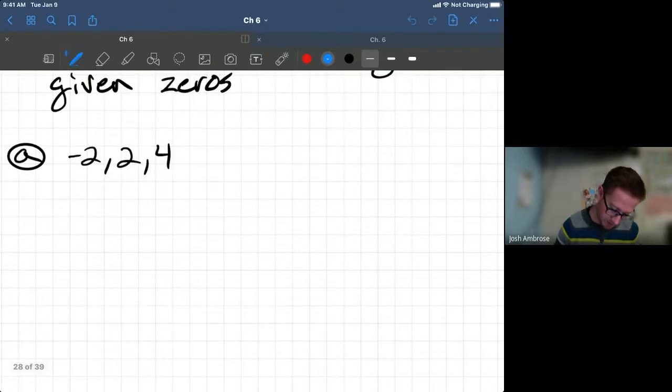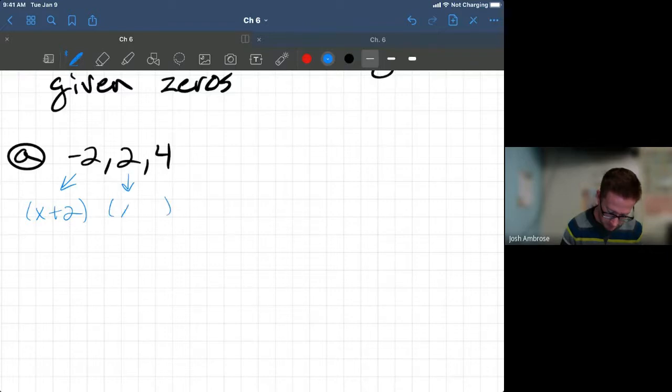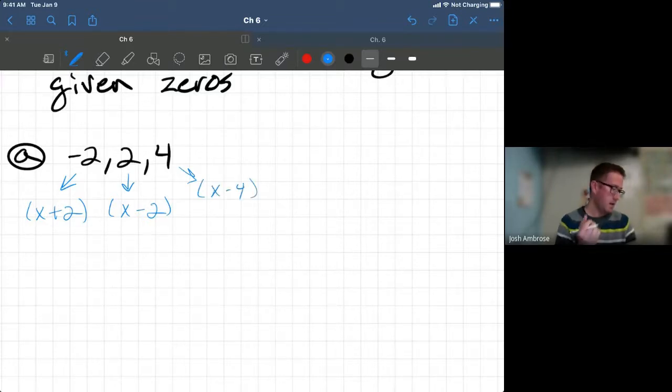For the -2, this is x plus 2. For the +2, this is x minus 2. And for the +4, this is x minus 4. Simple enough. We now start with 3 binomials, and with this first intro problem, you will be multiplying all 3 of these binomials together.